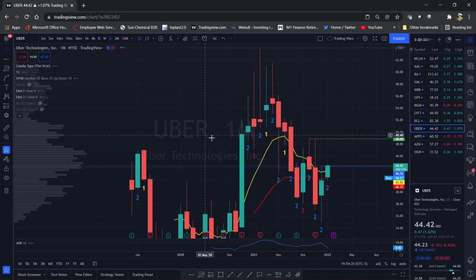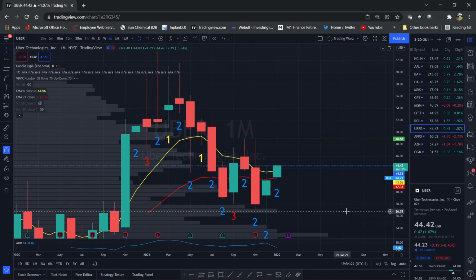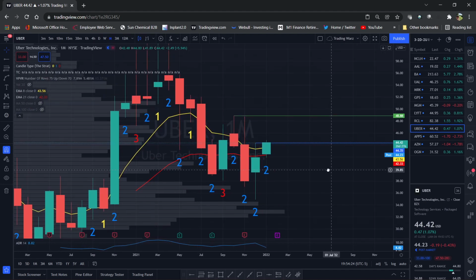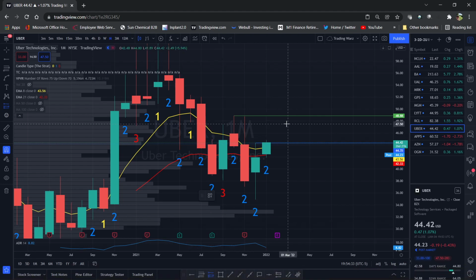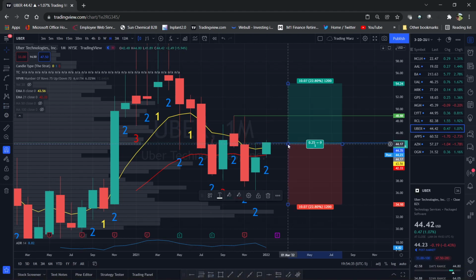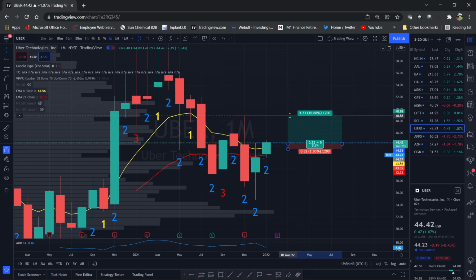Let's look at the monthly. Yeah, I didn't do a risk reward on this one, but it looks pretty good. Let me just drop a quick one on here. If you put your stop right around that 20, that 80 MA, so yeah, it's over 5.5.